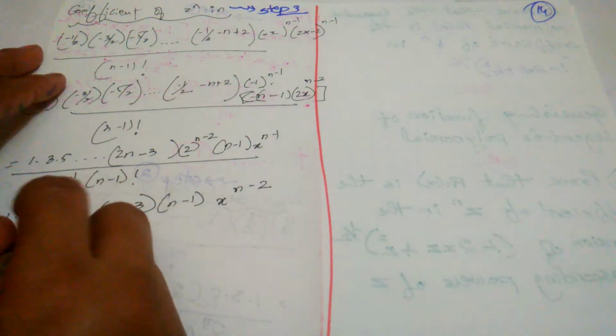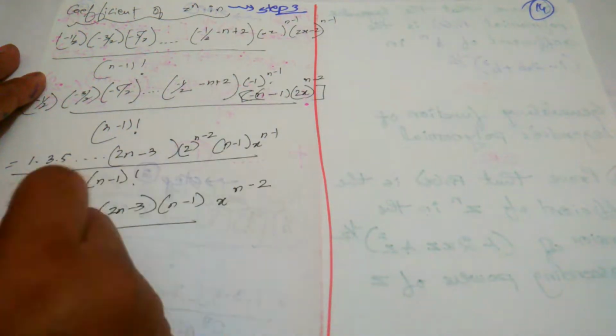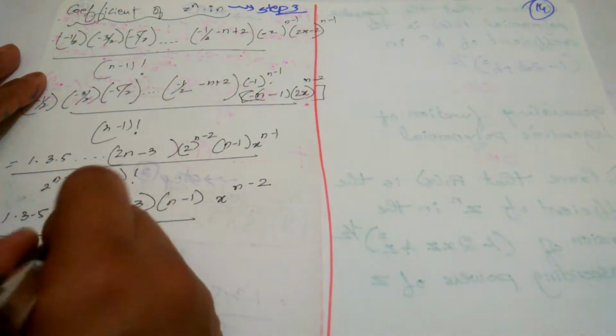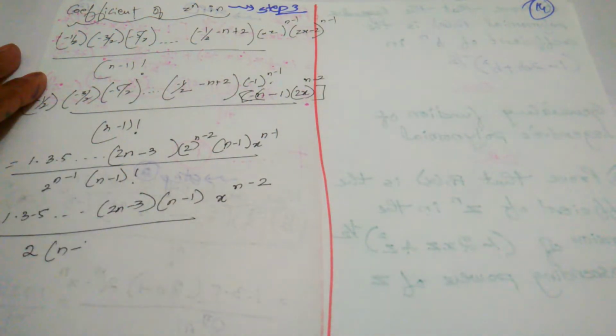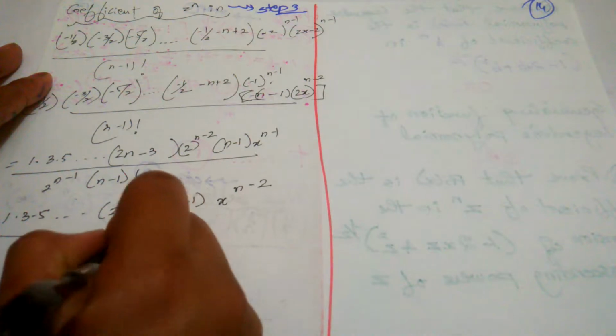So you will be getting the value as 2 here and n minus 1, this n minus 1 factorial.